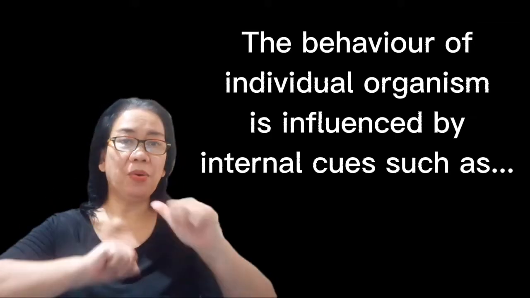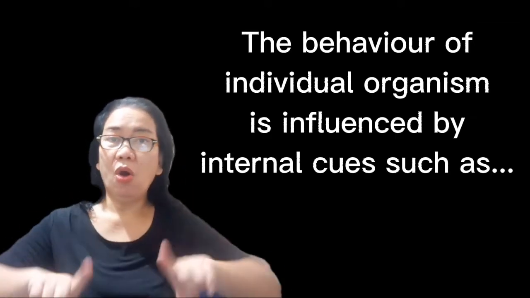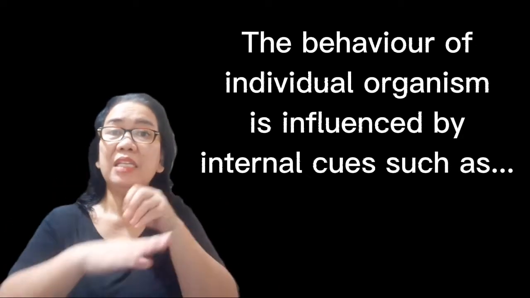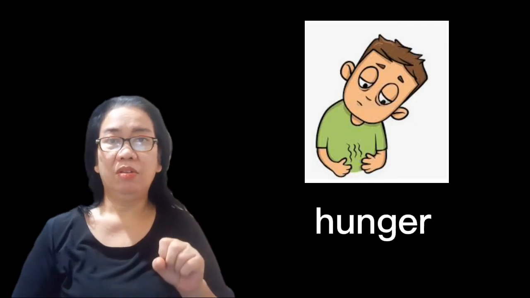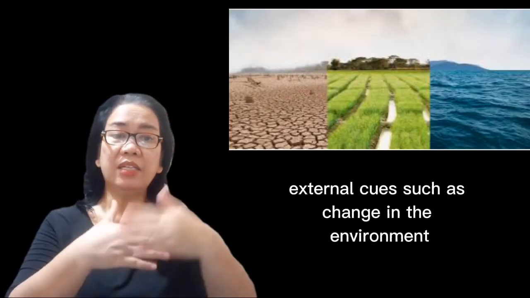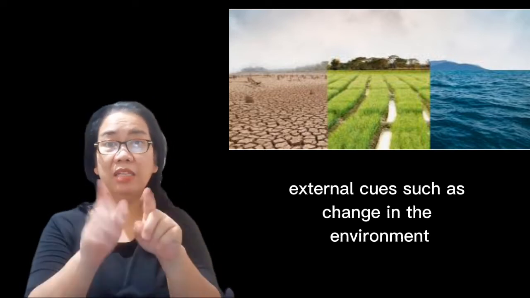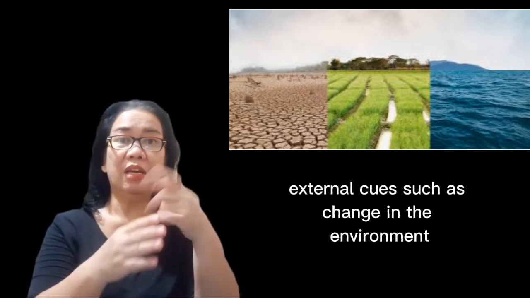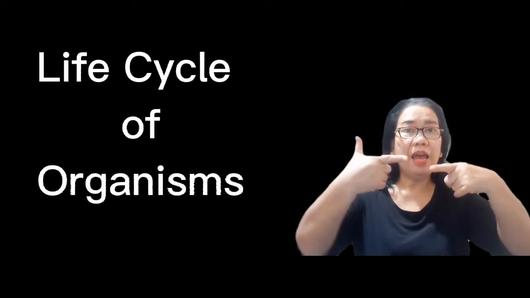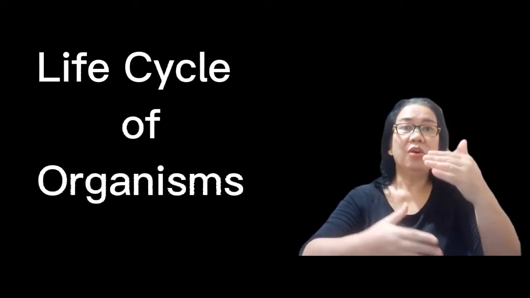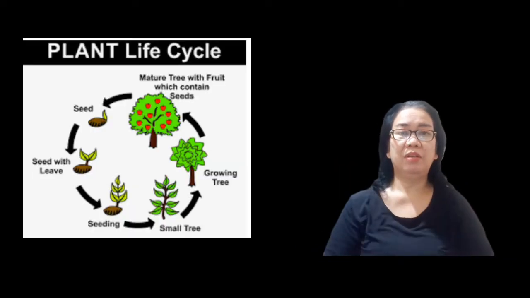The behavior of individual organisms is influenced by internal cues, such as hunger, and external cues, such as change in the environment. Life cycle of organisms.